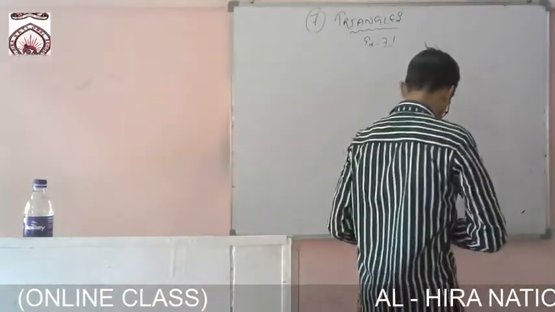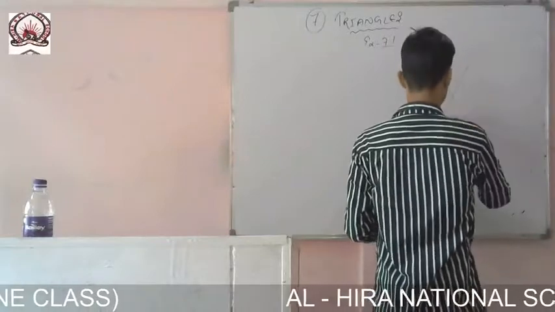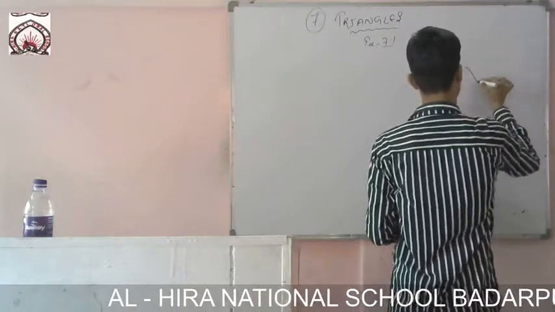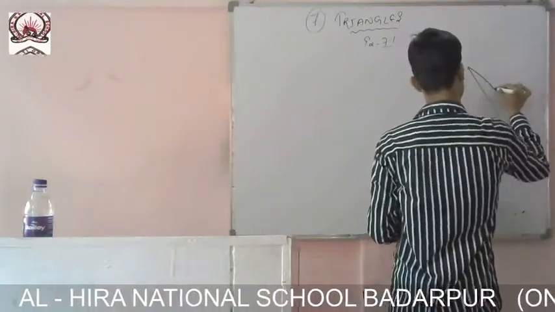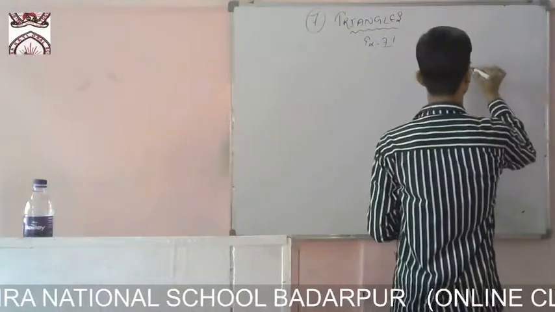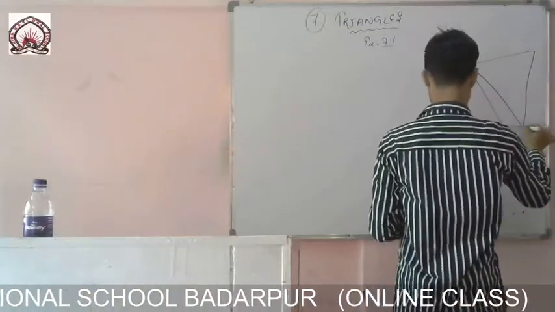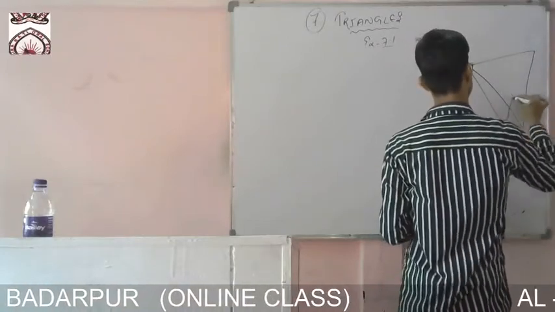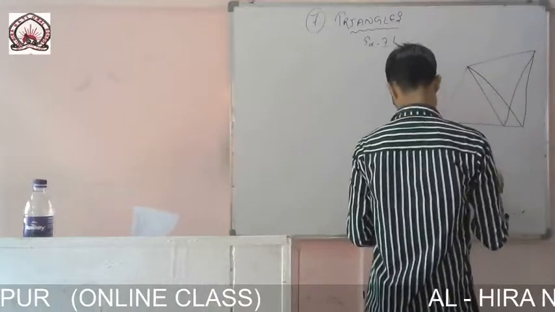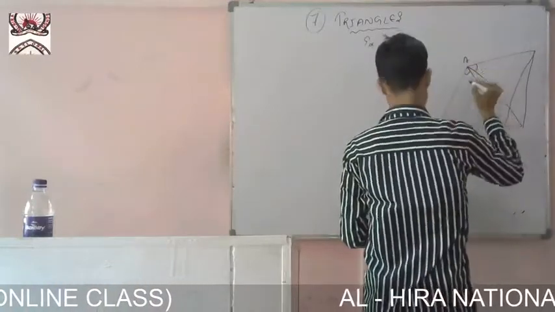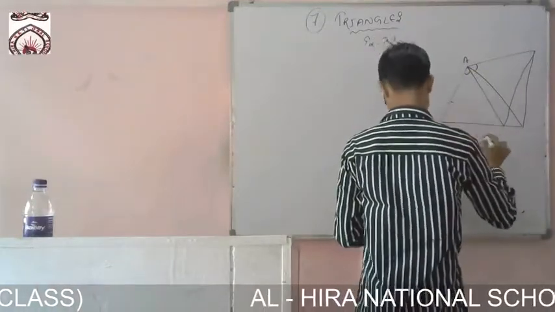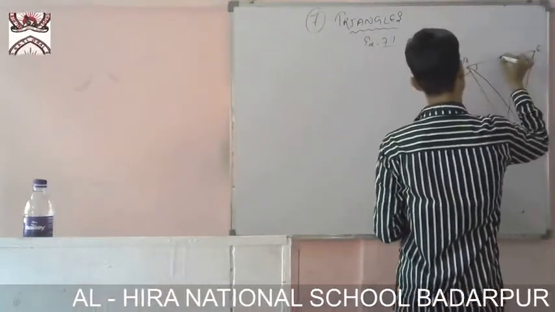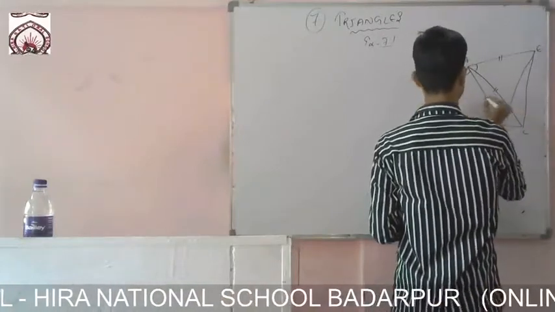So let me draw the figure. A, B, D, C, E, and these two sides are given equal and these two sides are given equal.